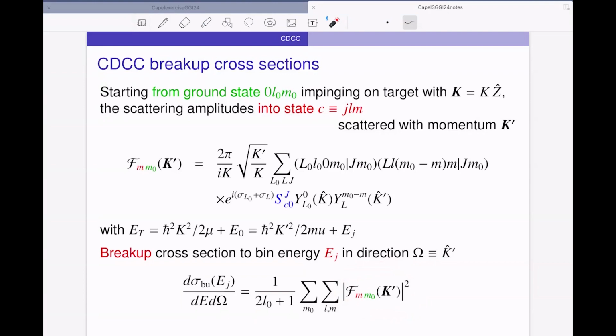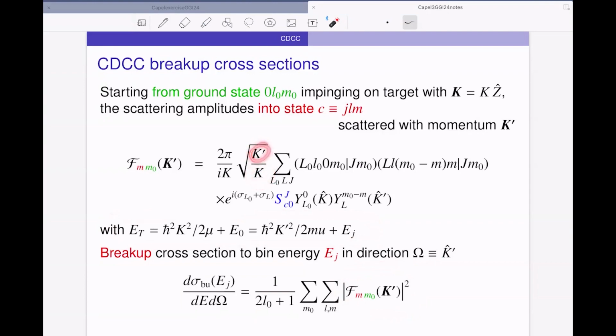I would like to emphasize one point: this method properly accounts for energy conservation. So the energy is always conserved here. The value of K is the incoming wave number.